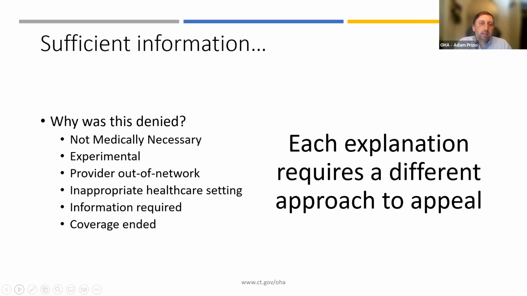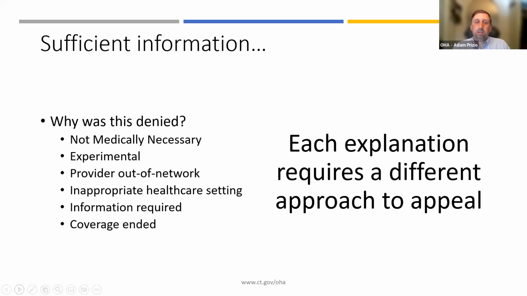So a medical necessity denial, which is an awful lot of what OHA does, is based on the insurance company or the administrator applying clinical criteria that say, if you don't have these things in your health background, these records, if you didn't present with whatever conditions the criteria say, then this is not a covered treatment for you, even though your doctor may be saying that it is.